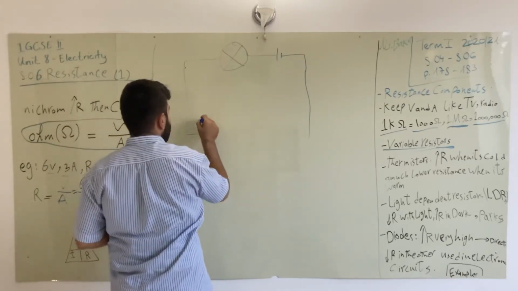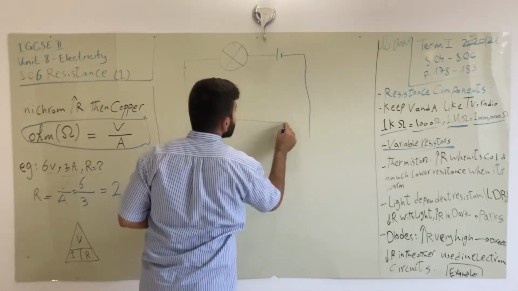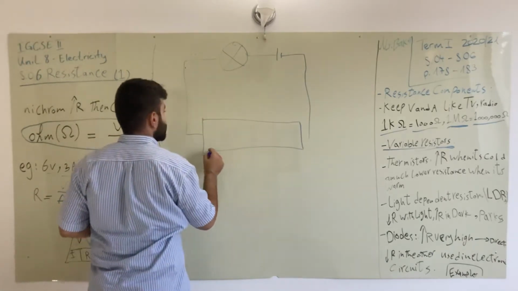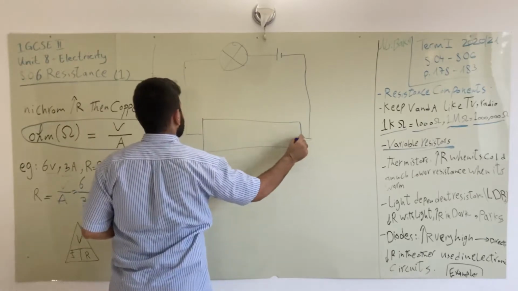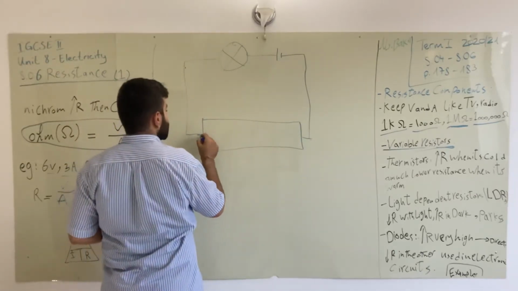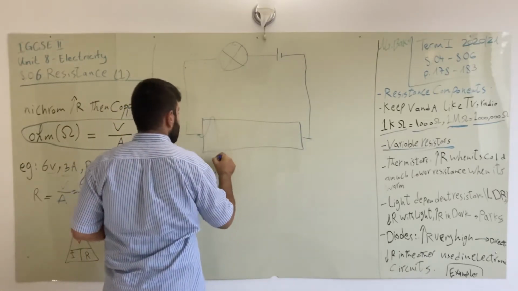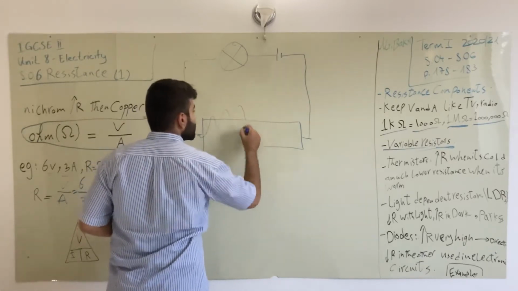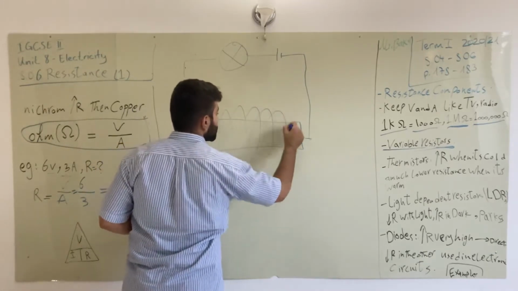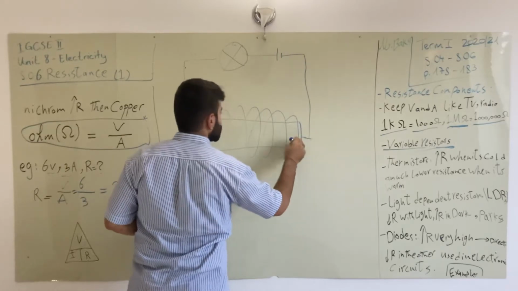Now imagine you have a long bar, and around this bar there is a wire that is connecting. Okay?